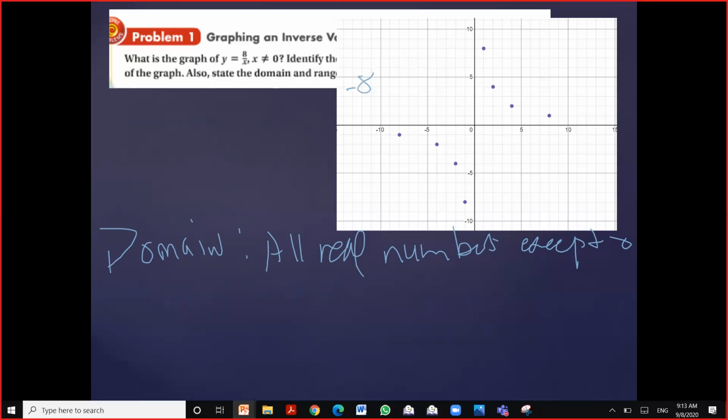It started from -infinity and it stopped at 0. Then it will continue from 0 to infinity. So I can rewrite it as from -infinity to 0 and from 0 to infinity. You have to know that.